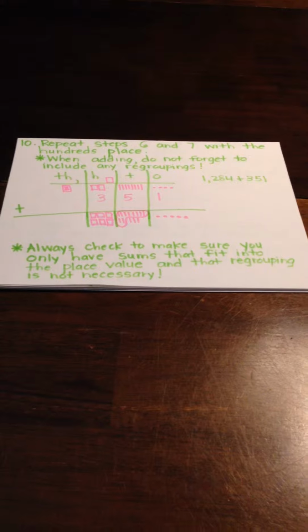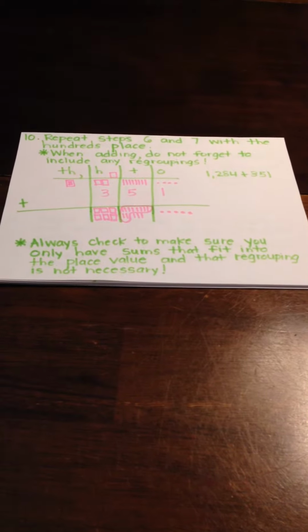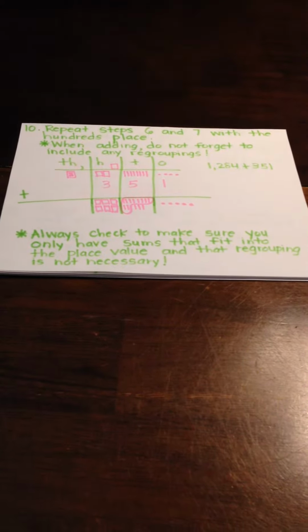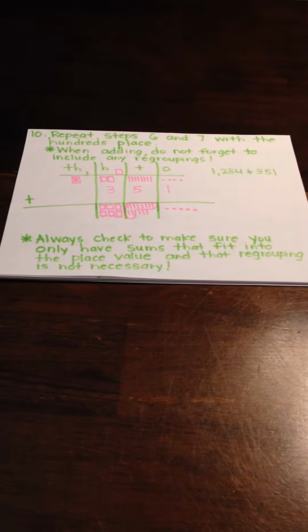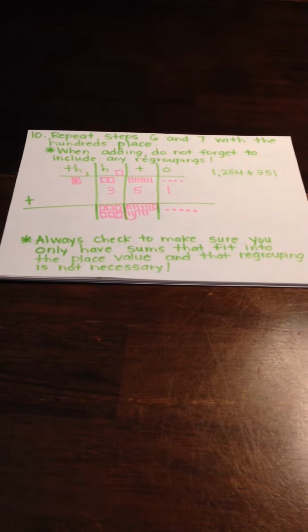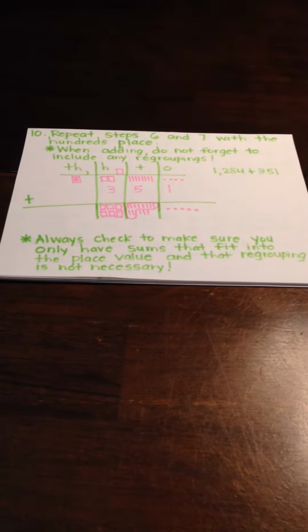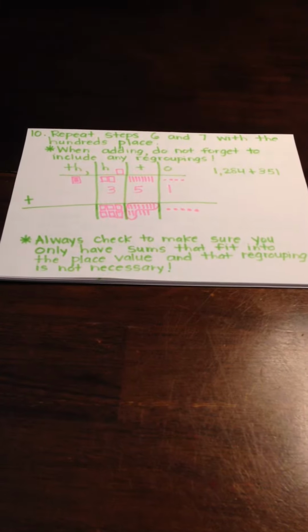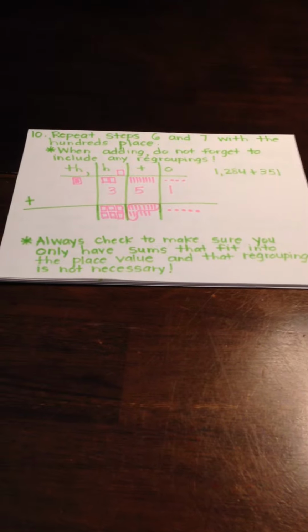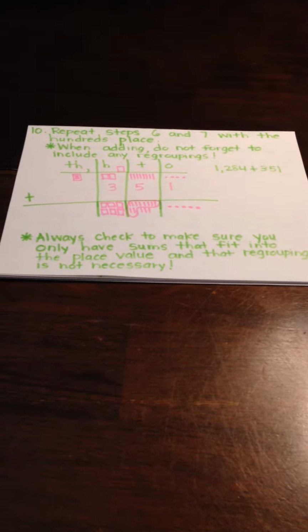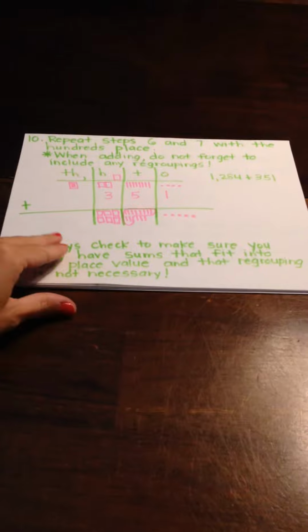And I'm going to draw them in model form underneath the equal sign in my chart. Always check to make sure you only have sums that fit into the place value and that regrouping is not necessary. My answer was 600s. I'm still in the hundreds place, so I don't have anything to regroup.